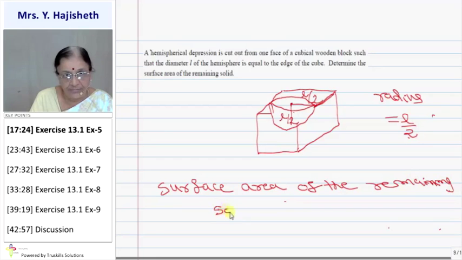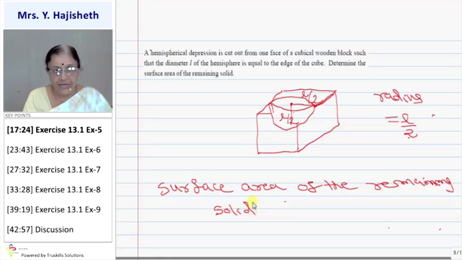Remaining solid. There is a depression cut out from one face of the cuboid wooden block, such that the diameter is the same as the length of the side of the cube.